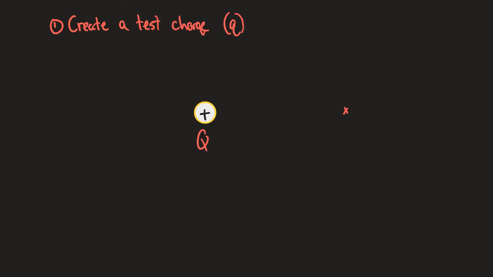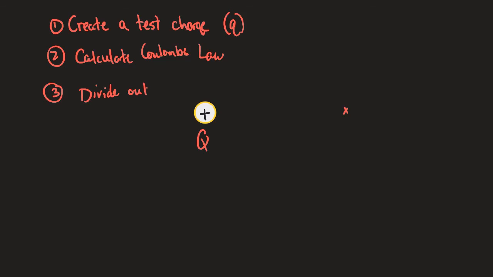Test charges are small and they're positive. Step two, calculate Coulomb's law. And step three, divide out the test charge. It's a bizarre set of steps, and we'll practice this tomorrow.